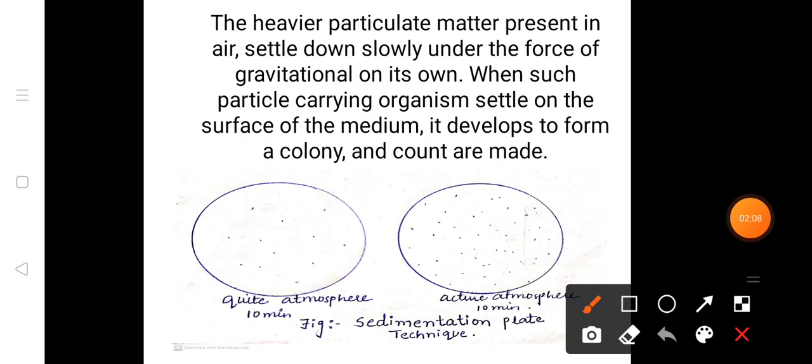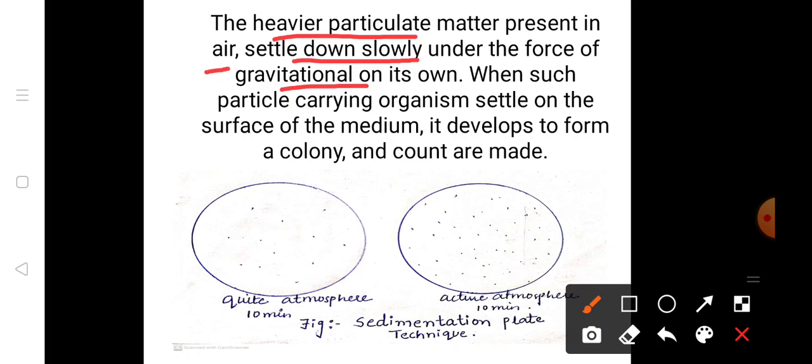The principle of this method is that the heavier particulate matter present in the air will settle down slowly under the force of gravity on its own. Due to the gravitational force, the heavier particles settle onto the agar plate.